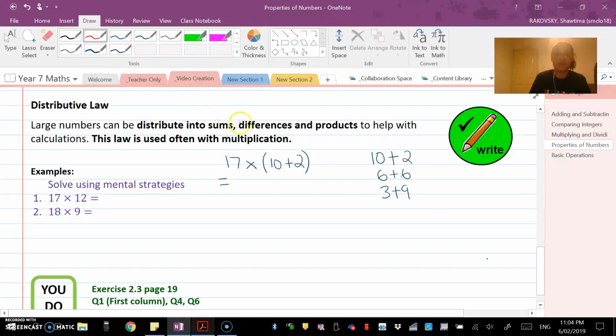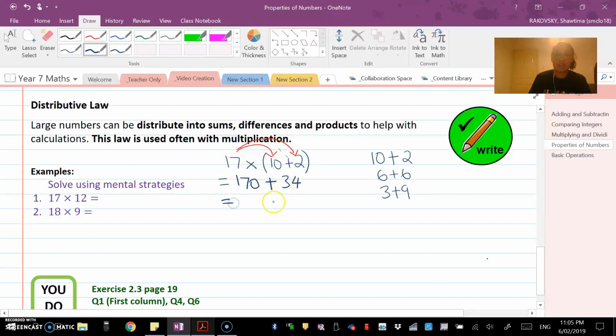So I'm just going to change my pen to red. To make sure that everything gets multiplied by 17, I use what they call the crab claw. So 17 times 10, anything multiplied by 10 is a 0 on the end, plus, making sure I multiply the 2 by the 17, and multiplying by 2 is a double, so that becomes 34.